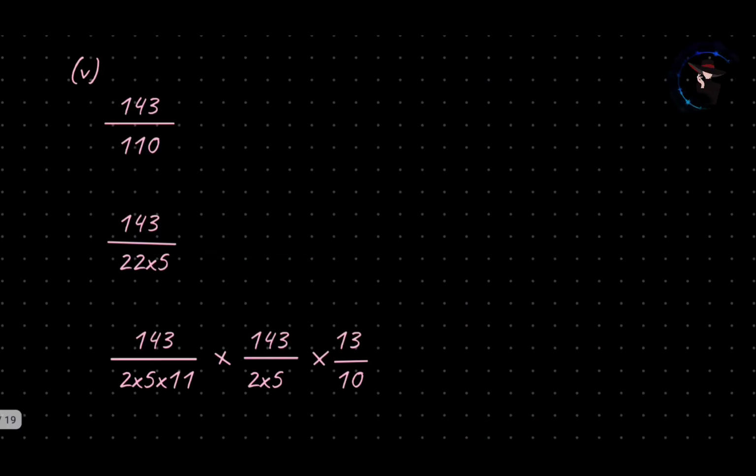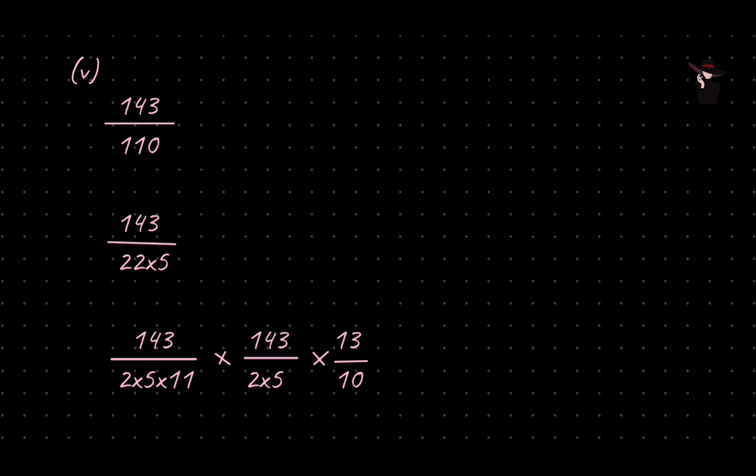Last question of the exercise is 143 by 110. Again, 110 can open as 22 into 5. Then 110 can open as 2 into 5 into 11, right? As 22 can open as 2 into 11. 5 as it is, 143 by.